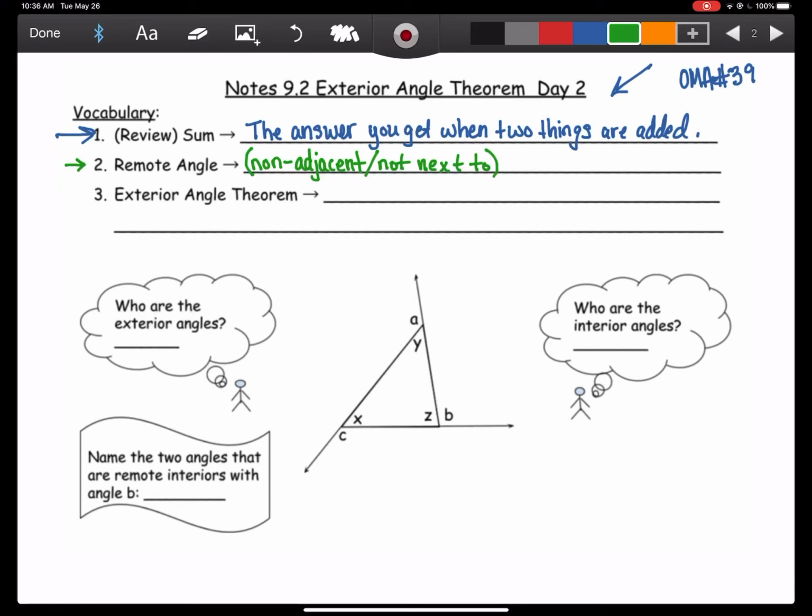So a remote angle is an angle that is not next to another angle. That'll work.